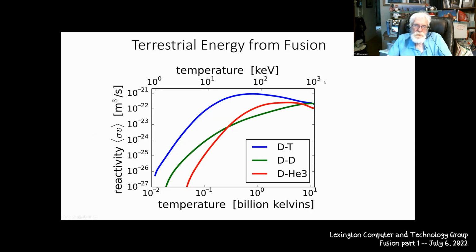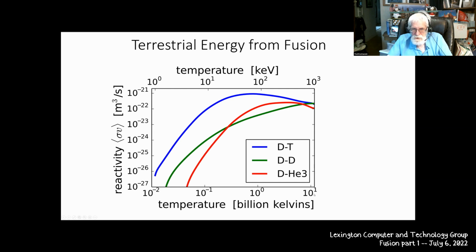So terrestrial energy from fusion, now we're looking at, in this case, reactivity, which is reaction rates, basically in a volumetric fashion, and temperature in kelvins this direction, or in the log scale.